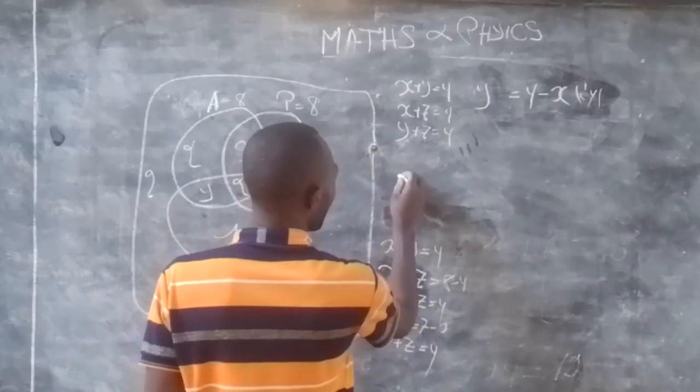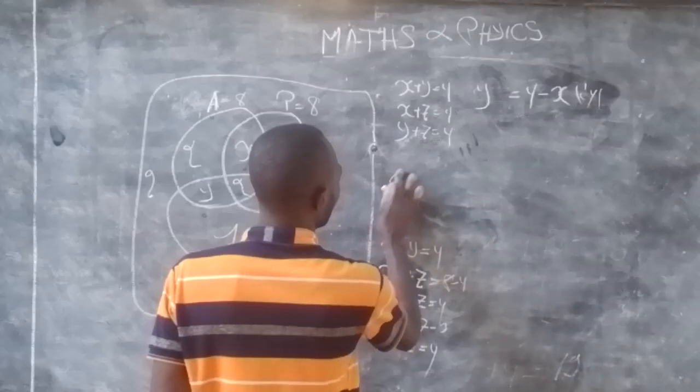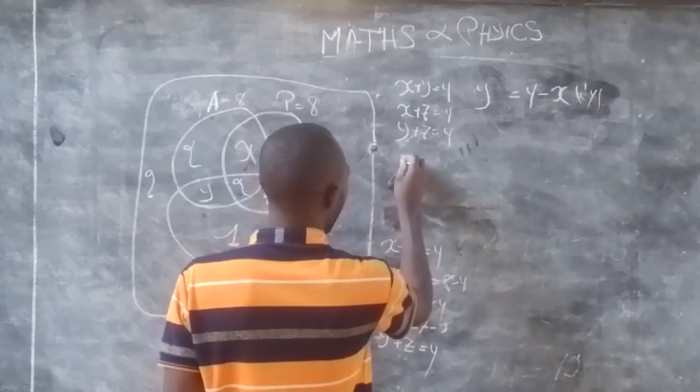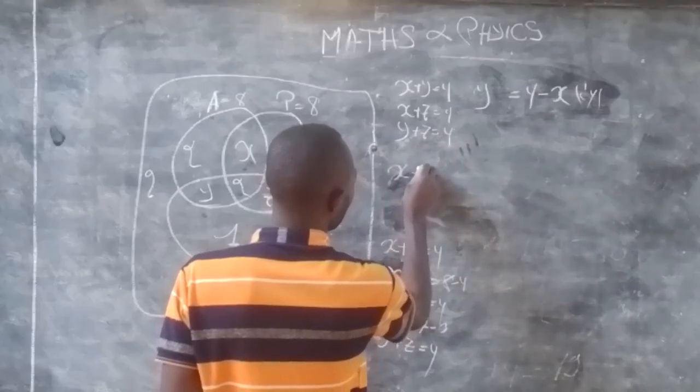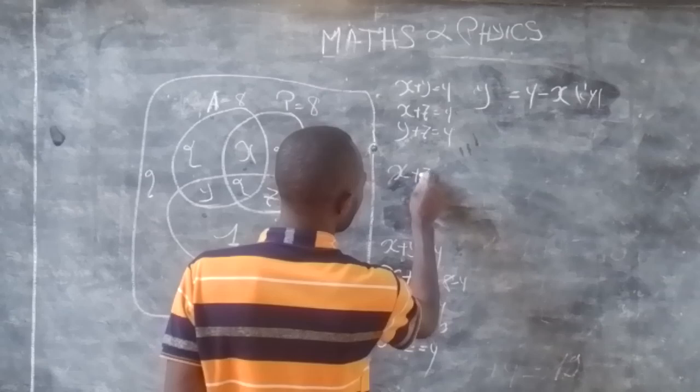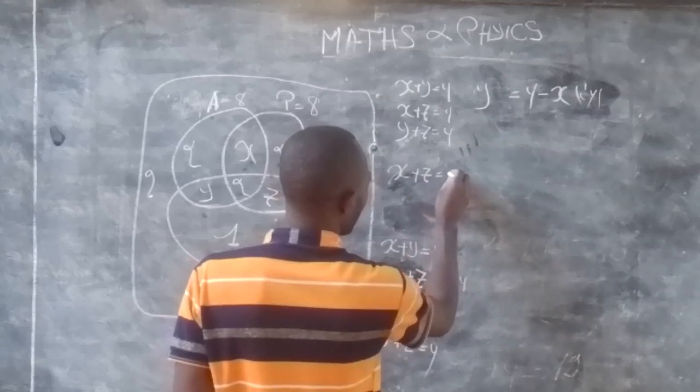Here we have the equation x plus z equal to 4.